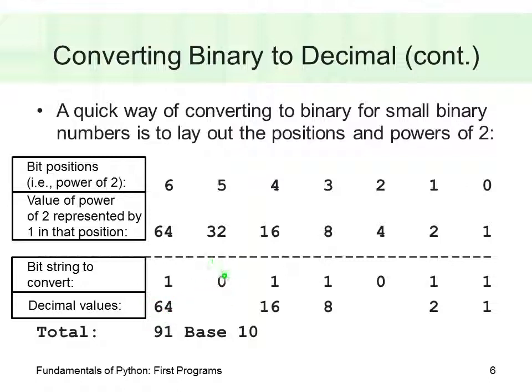Wherever there's a 0, you don't care because 0 times anything is 0, so you're not going to wind up with a value here. Here I have a 1 in the 16's position, so I have to list the 16. Here I have a 1 in the 8's position. I have to list an 8. 0, don't care. A 1 in the 2's position. That should be a 2. I don't know why it's a 1. And a 1 in the 1's position. Okay, so this needs to be a 2.